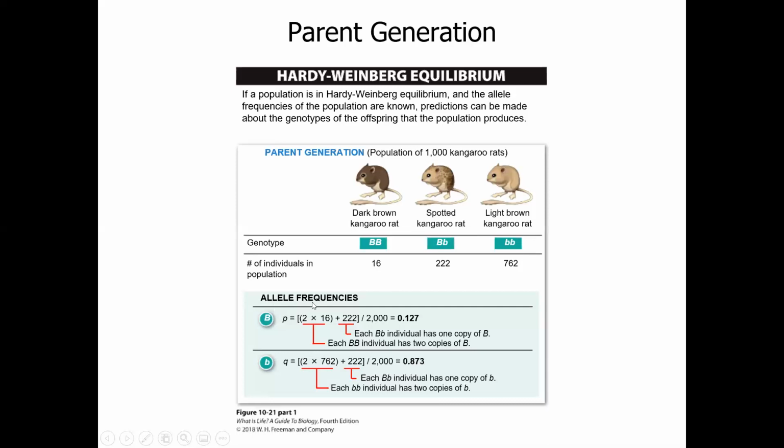So if we look down here where it says allele frequencies, for our P, our dominant allele, we are going to take 16 individuals, so that's all the individuals for the homozygous dominant condition, and multiply it by 2, because we have 2 copies of the dominant allele. Then we're going to add those to 222, which is representative of the 222 individuals that have the capital B allele. And then we're going to divide that by 2,000.